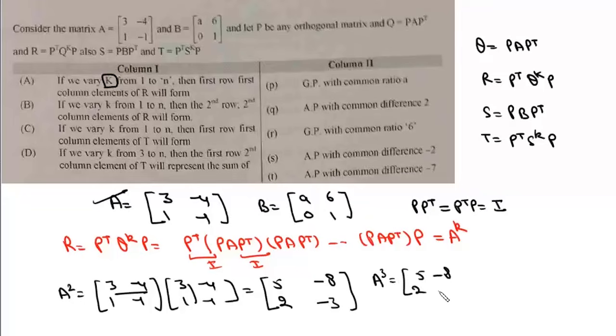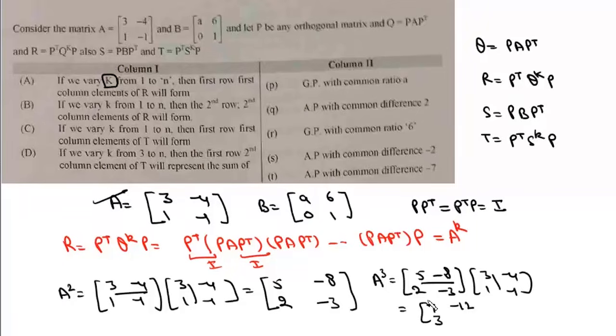Now A cube will be [5 -8; 2 -3] into [3 -4; 1 -1]. Now we multiply them. We'll get this as 15 minus 8, which is 7. This is minus 20 plus 8, which is minus 12. This is 6 minus 3, which is 3.